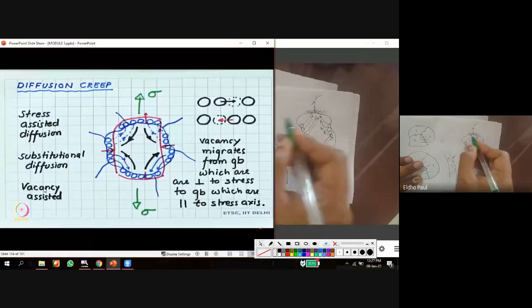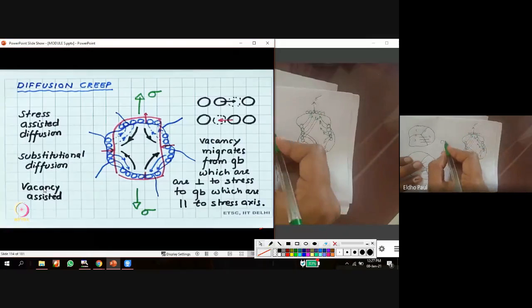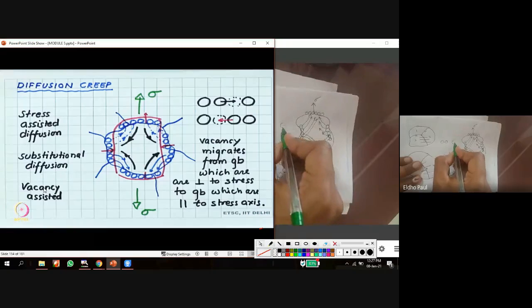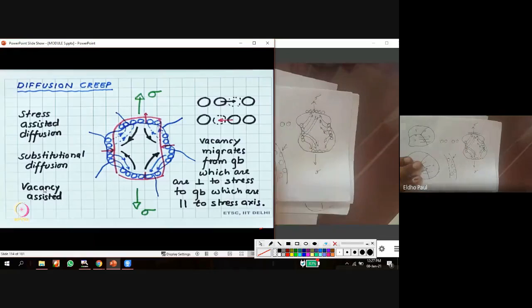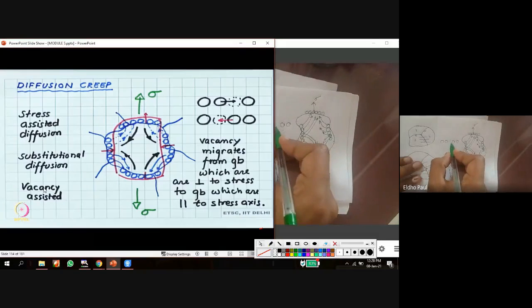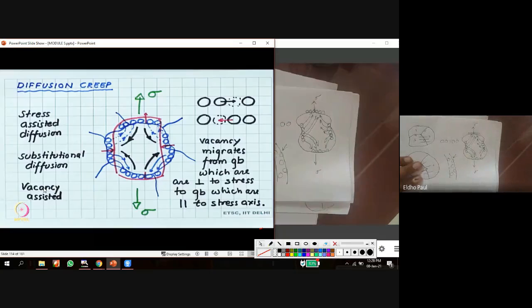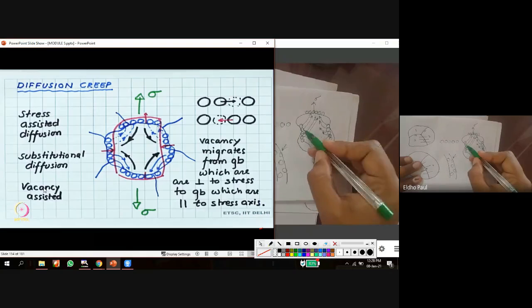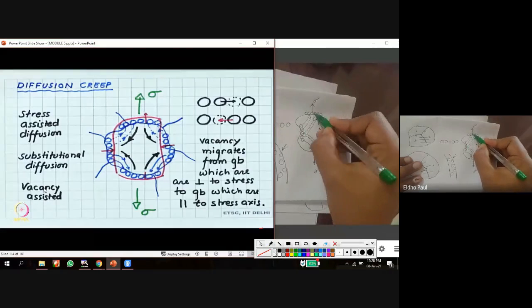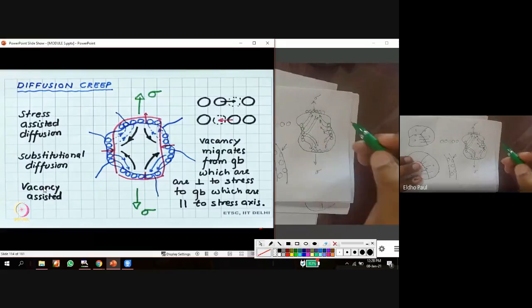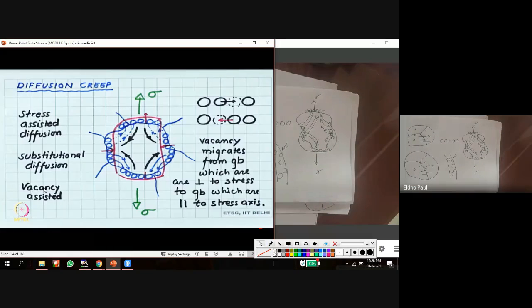For example, in this top layer, we have one vacancy and 4 atoms. So this point is vacant. One atom from this point moves to this vacancy, and the vacancy concentration is very high at an elevated temperature, because under elevated temperature, atoms have more energy.